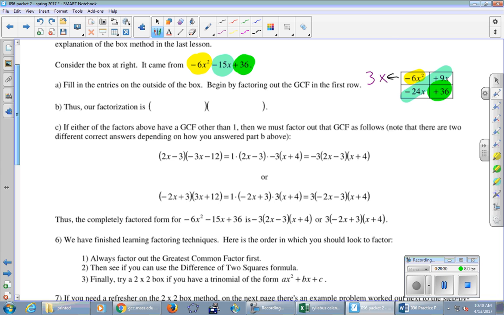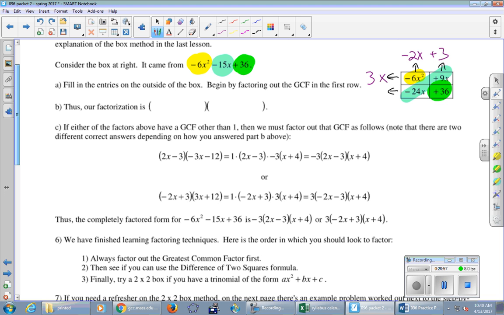That was our first step. Now let's go up here. What am I putting there to build the negative 6x squared? Negative 2x is good. Oops, negative 2x there. Let's go up here, trying to build the 9x. Positive 3. Yeah, I think it's a good idea to include those signs. And then we'll come out here, and I'll point.